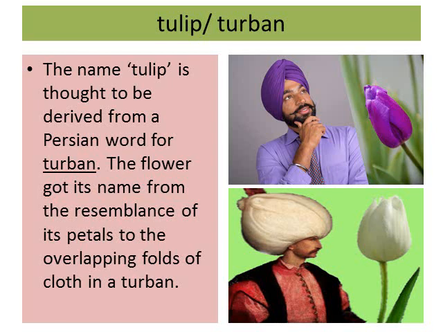So, because of the similarity, the flower got its name tulip. Right? In the next picture also, there is a man wearing a white turban and beside that is a white tulip. So this way, in the form of a puzzle, you can ask people which flower grows on your face.